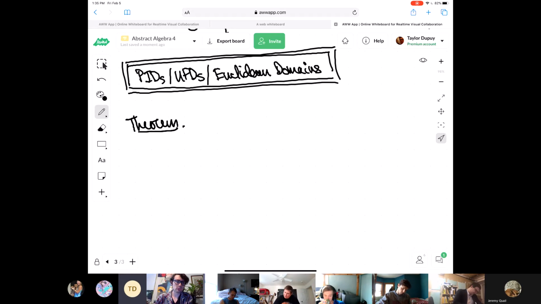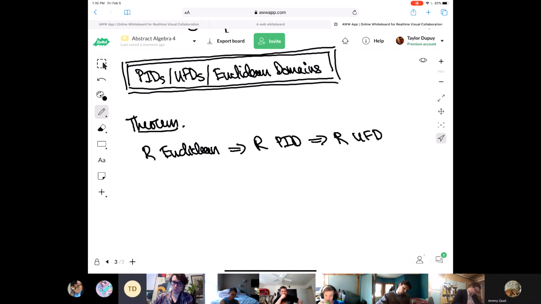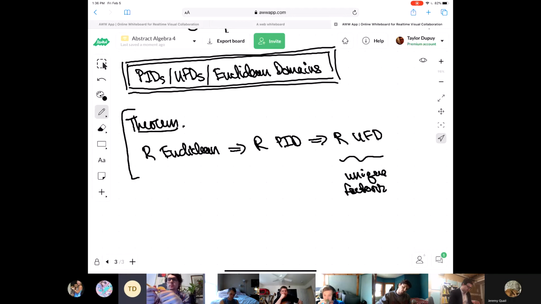The main theorem says that if R is Euclidean, this implies R is a PID, and this implies that R is a UFD. So there's kind of this hierarchy of inclusions, and this is where you have unique factorization into prime elements. And this is like things that have the division algorithm.